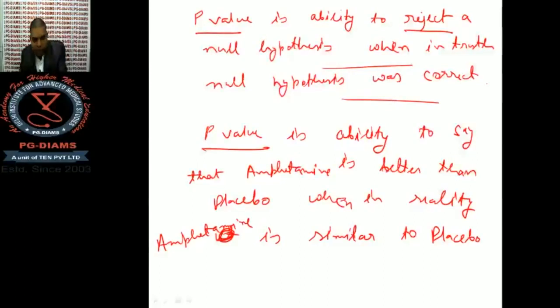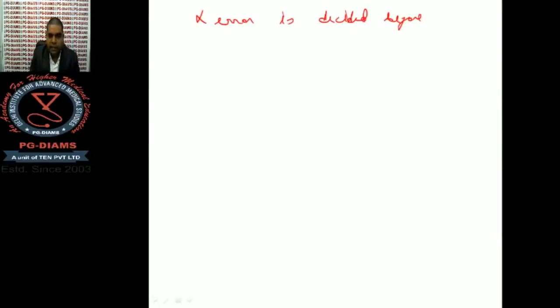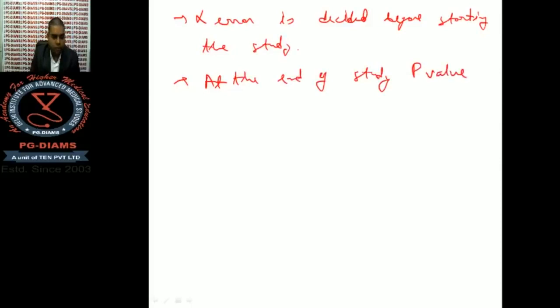So this alpha error is one thing which we decide. Alpha error is decided before starting the study. And then at the end of a study, p-value is calculated. Okay?